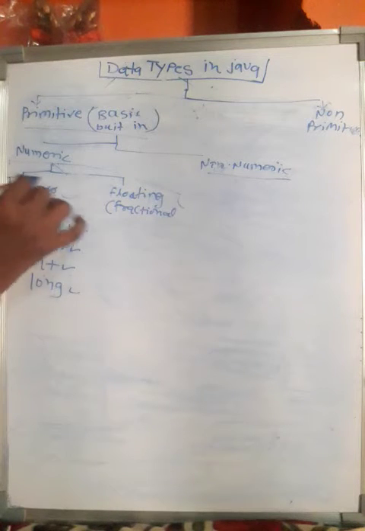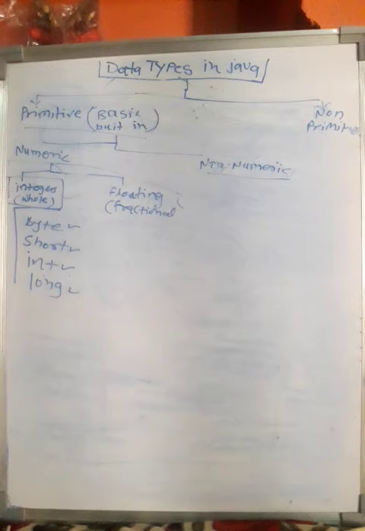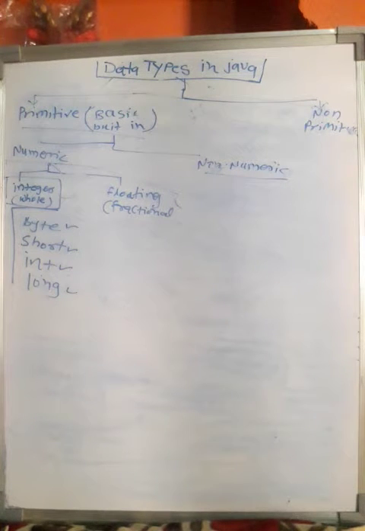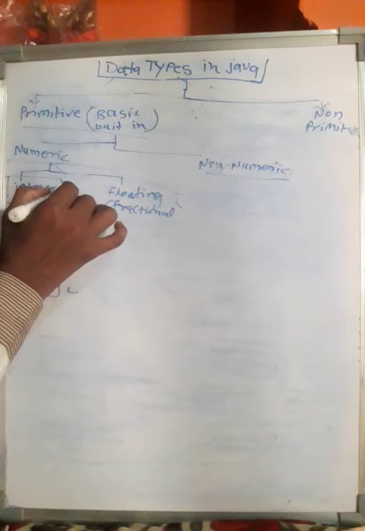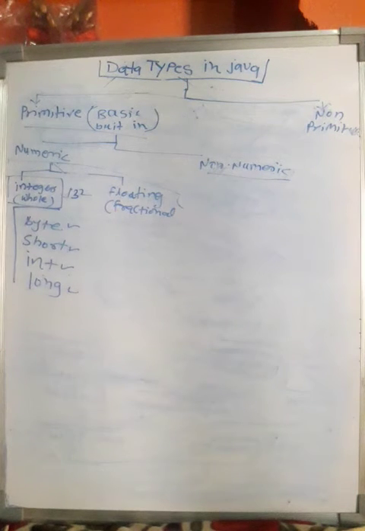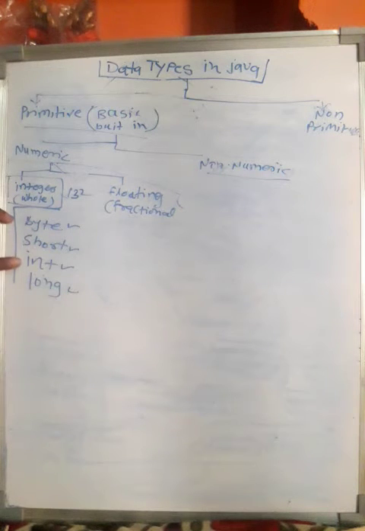What is an integer? The integer type of variable stores a whole number, such as 132. Byte, short, int and long are the subparts of integers.